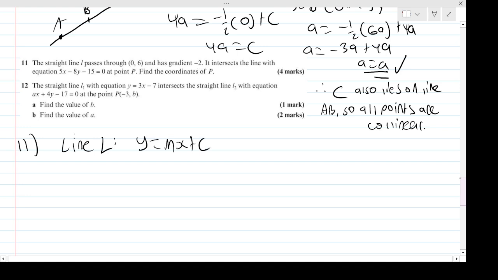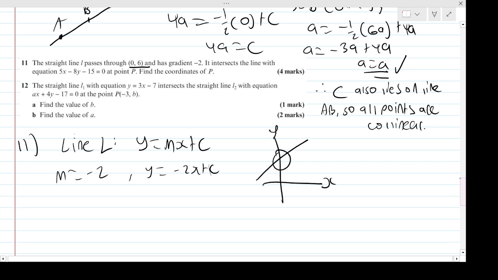Firstly then, the gradient's minus 2, okay, that's given to us, so then we can say y is minus 2x plus c, then we just need to find c. Now, it turns out this is the y-intercept actually, because the y-intercept, again, remember, is on the y-axis when x is 0. Well, if x is 0, then y is 6, so therefore c is 6.